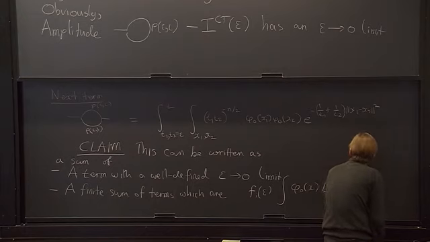So I make a choice. I look at all the functions that can appear, and I declare some of these functions to be purely singular, and the other ones are the regular ones. And of course, my choice is that the only functions that can appear at one loop are epsilon to the k and epsilon to the k log epsilon. If k is less than or equal to 0, these are the purely singular ones.